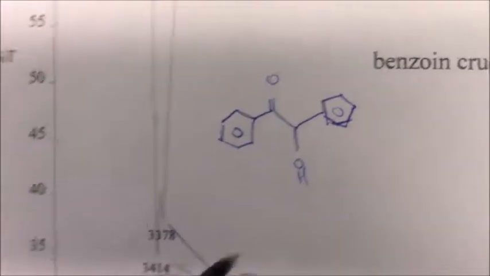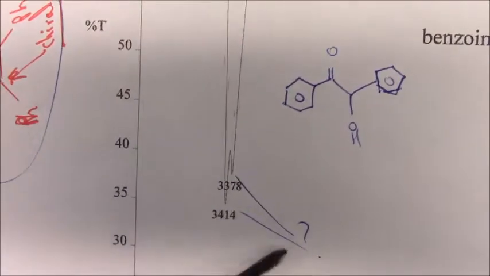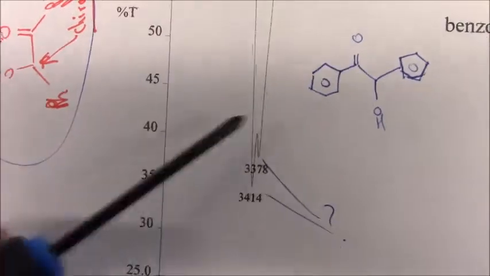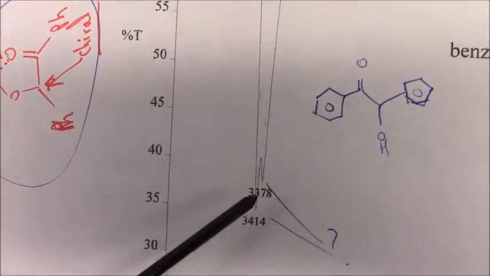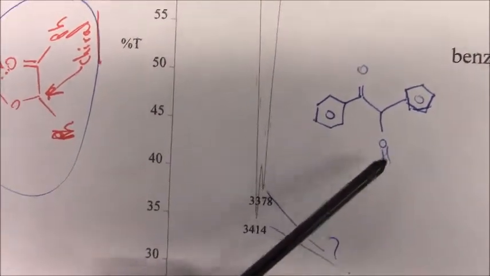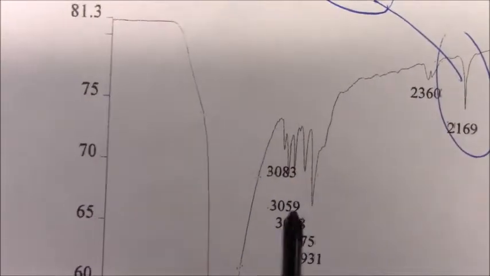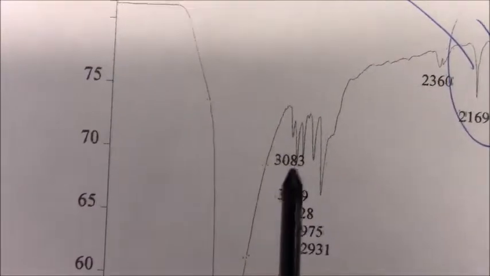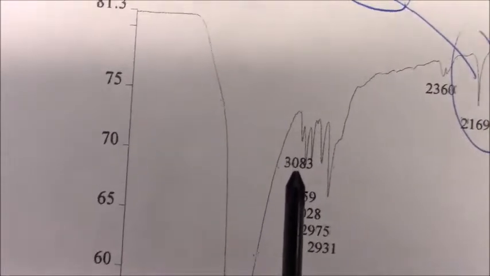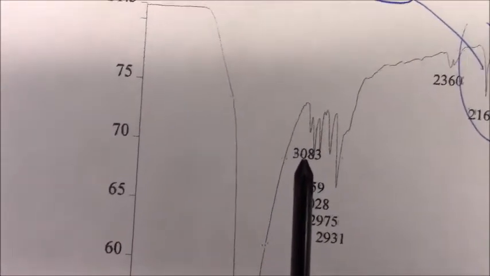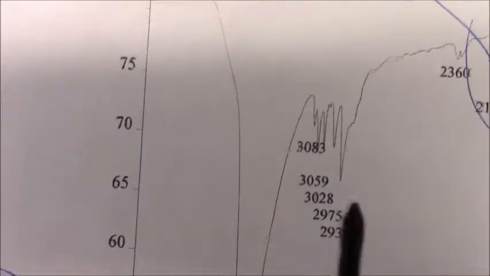So the CO stretch, even though I have a question mark, we'll do that in the discussion, but this, even though it's two of them, is the OH stretch of the alcohol. And when you look closely here, you see just over 3,000 the carbons that are sp2 hybridized with a hydrogen stretching.